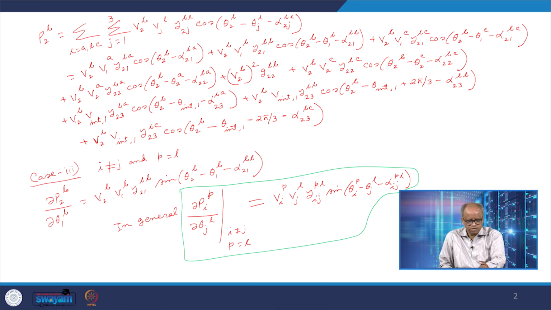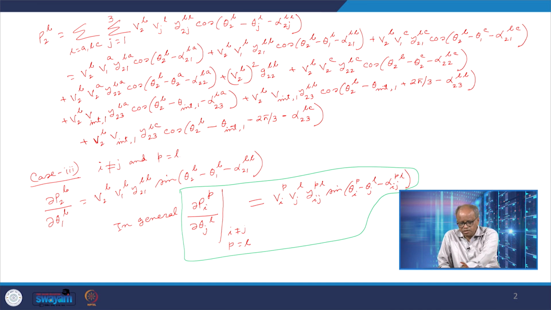So here it would be V internal 1 Y23BA cosine(theta 2b minus theta internal 1 minus alpha 23BA). We are replacing V internal 1 as V3A, and theta internal 1 as theta 3A, correct? Now for this also we have replaced V internal 1 equal to V3A, which is equal to V3B, because we have said that the internal bus, that is the third bus, is balanced.